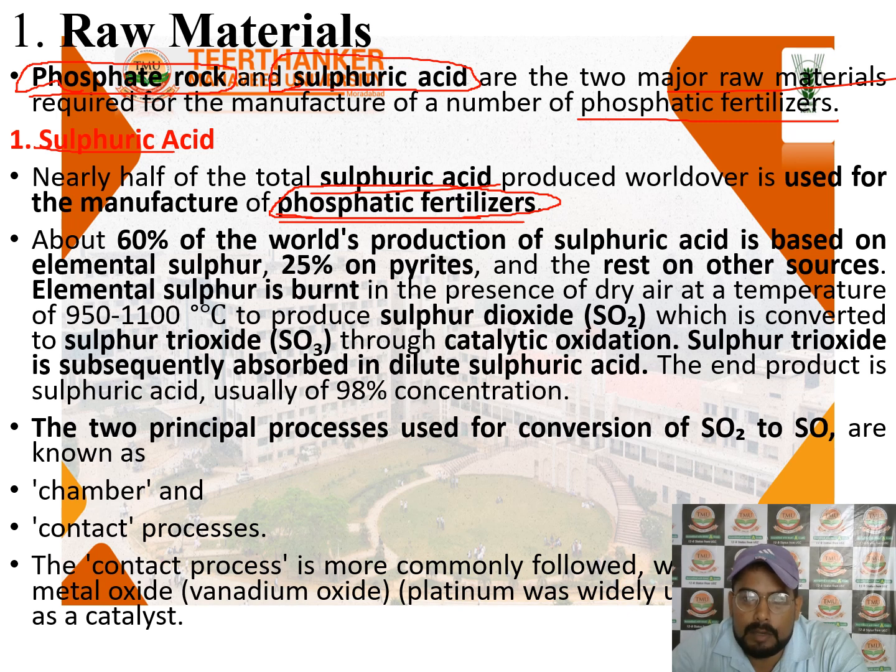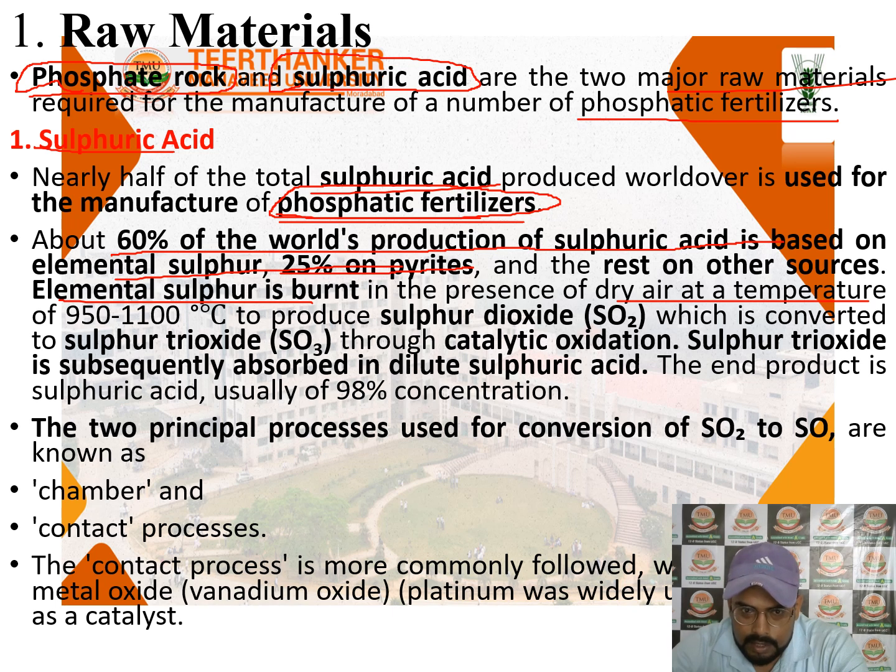More than 60% of the world production of sulfuric acid is based on elemental sulfur, 25% on pyrite, and the rest from other sources. Elemental sulfur is burned in dry atmosphere at 950 to 1100 degrees centigrade to produce sulfur dioxide.